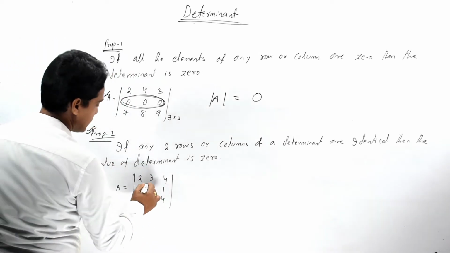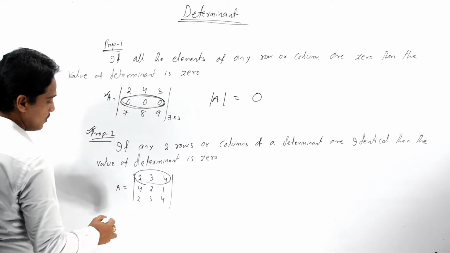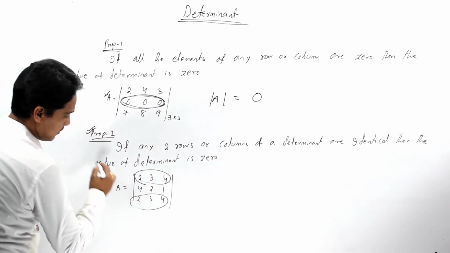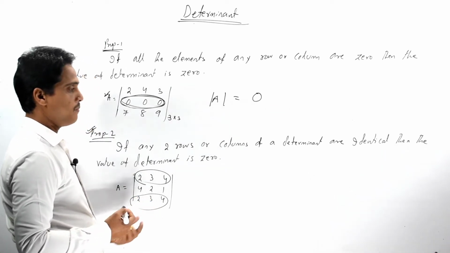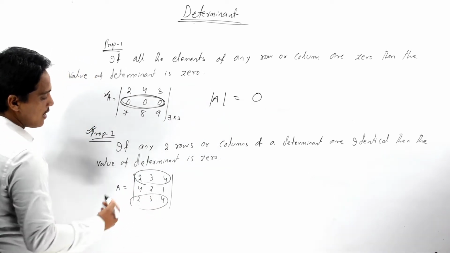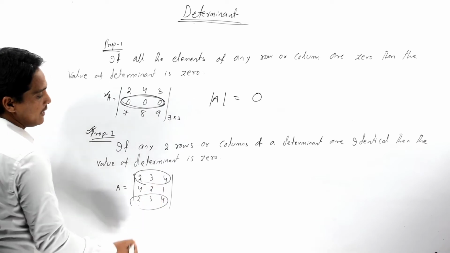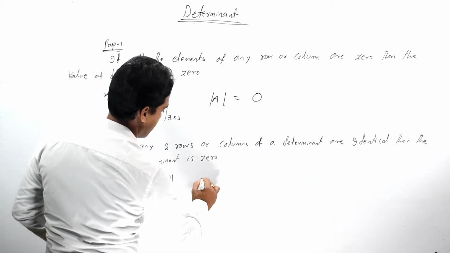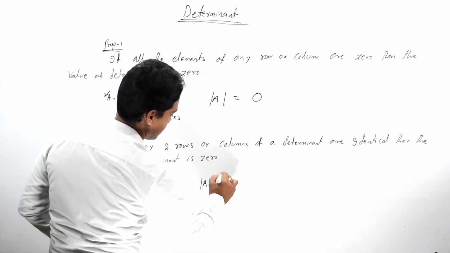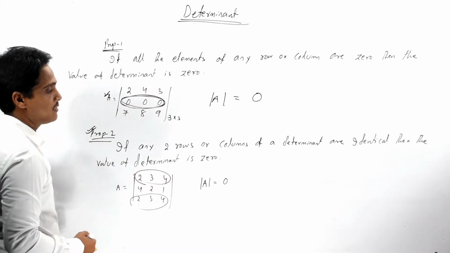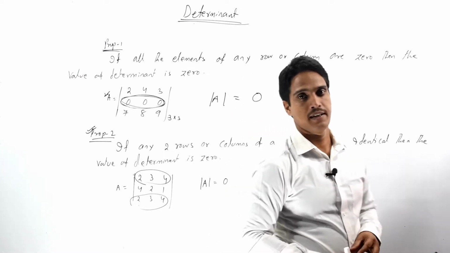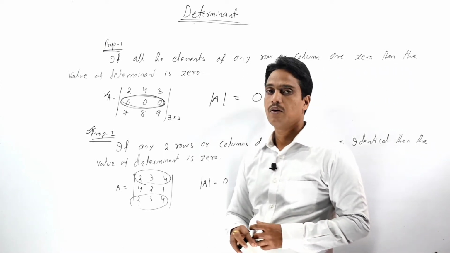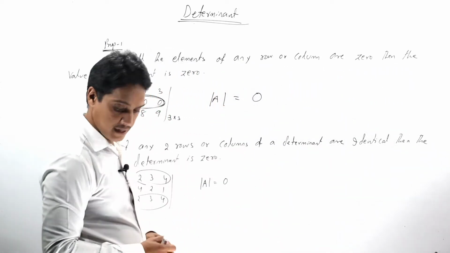So in the given example, the elements of the first row and the elements of the third row are identical, so the value of the determinant is 0. Now come to the third property of our determinant.